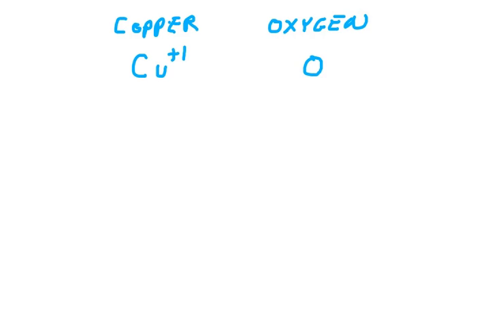When we look at the periodic table, we know that oxygen has a charge of -2. That's because it is in the third column from the right on the periodic table. Remember, noble gases have a charge of 0, the halogens in the next column -1, and then the oxygen family -2.